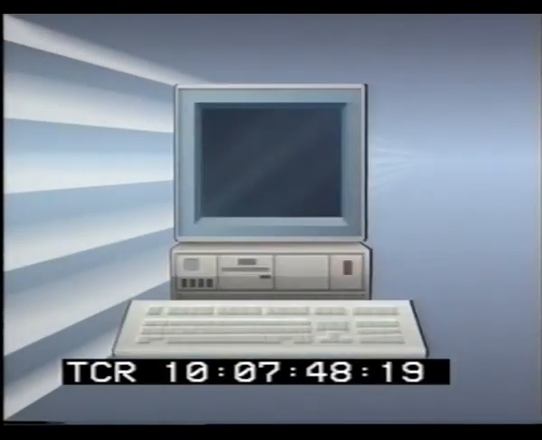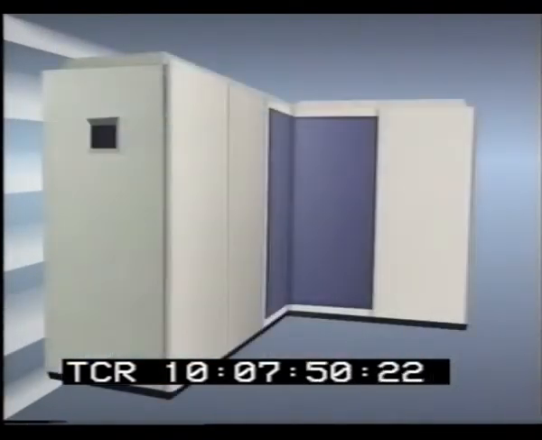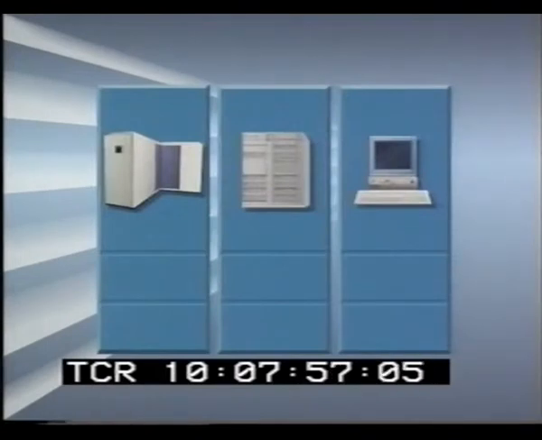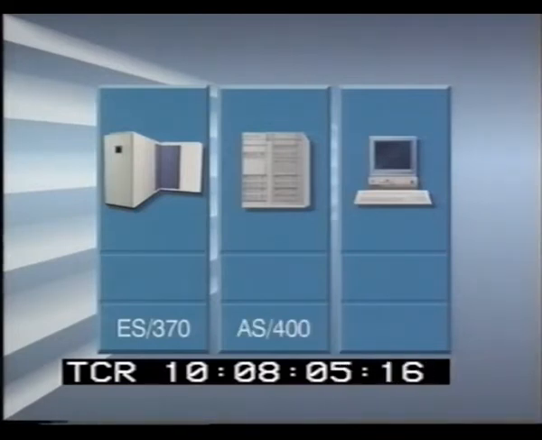Let's look at a specific example. IBM systems can be classed as small, mid-range, or large, based on different computer architectures. Broadly speaking, large systems are based on ES370 architecture. Mid-range systems include AS400, and the most common type of small system is the Personal System 2.